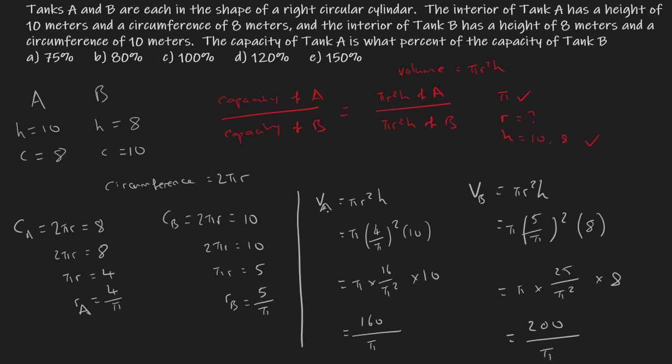So we now have the volume of A and the volume of B. We now just need to put them back into the equation that we started off with to find the answer.